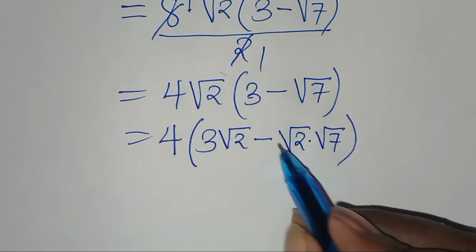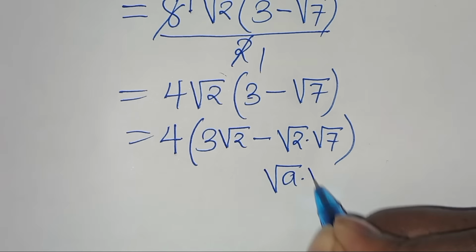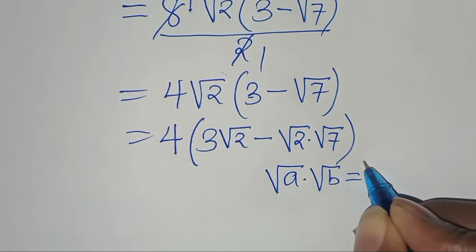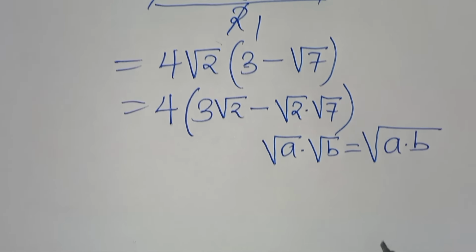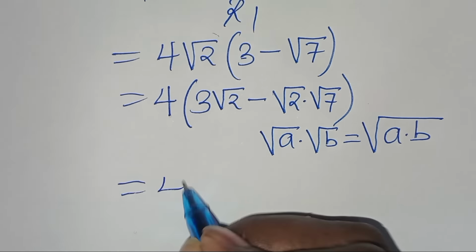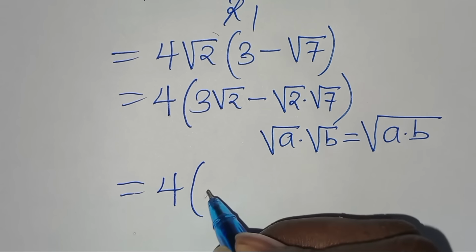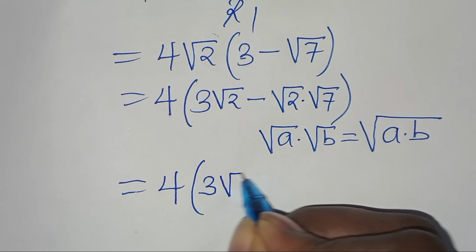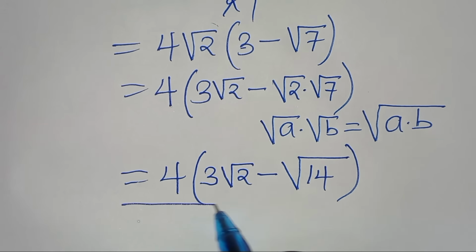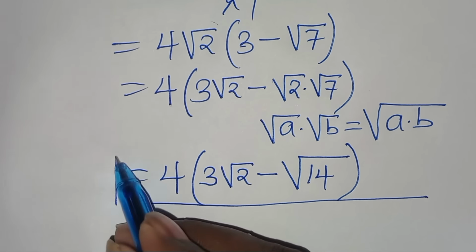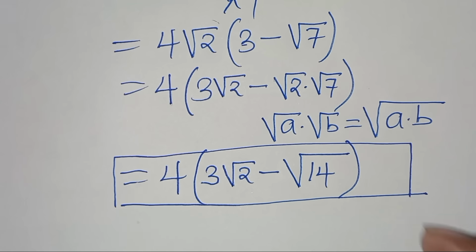Square root of 2 times square root of 7, this is in the form of square root of a times square root of b, which can be expressed as square root of a times b. So now here we have 4 into the parentheses. This is 3 square root of 2 subtract square root of 7 times 2, which is 14. And this is the final solution to this square root math problem.